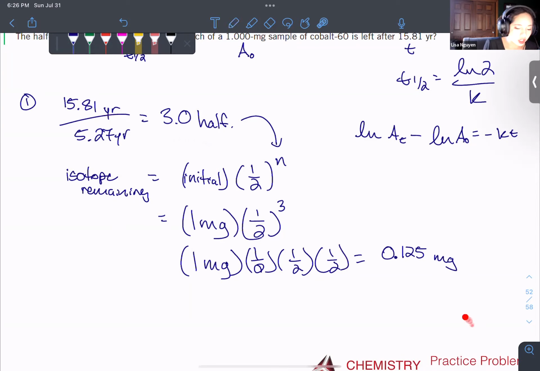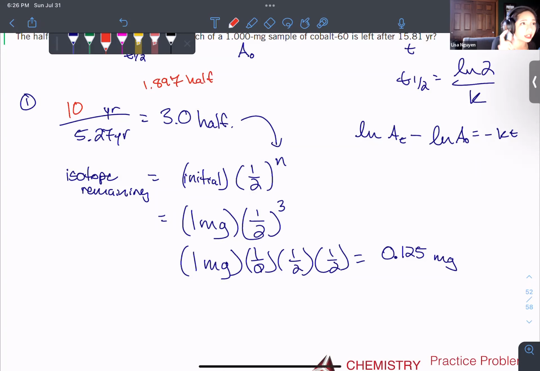This strategy that I did right here will work whatever time we started with. For example, if instead of 15 whatever years, I said 10 years, then 10 divided by 5.27 is 1.897 half-lives.